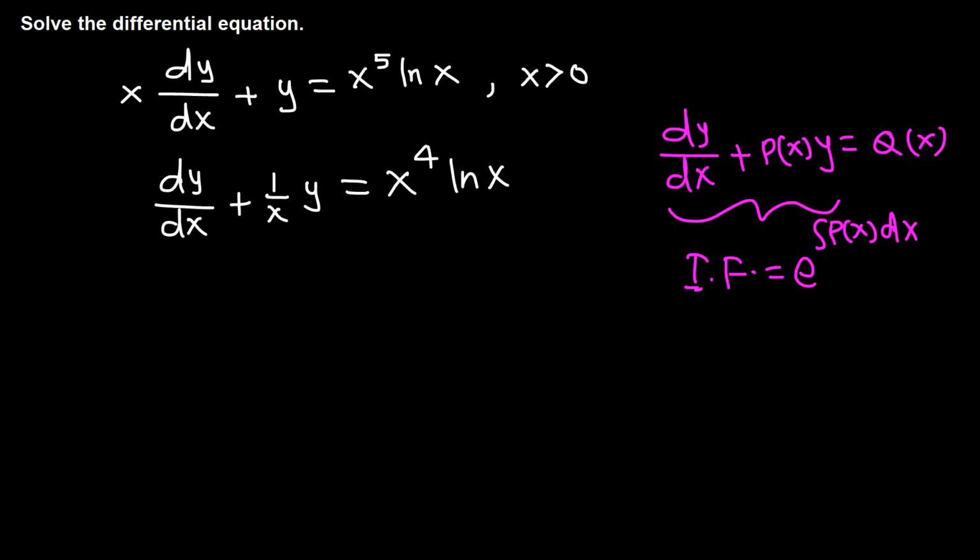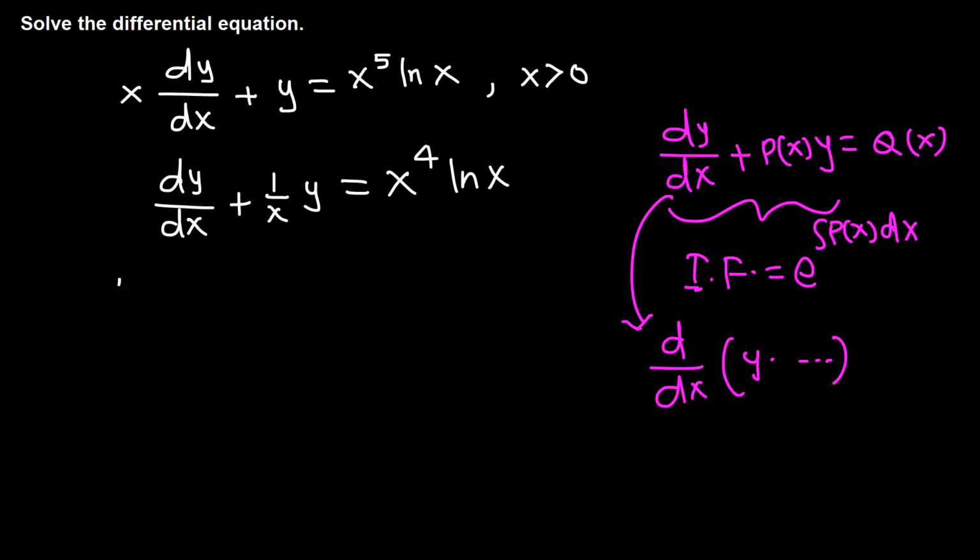Once we find this integrating factor, we multiply through by it, and the left hand side automatically becomes the derivative of the dependent variable, which is y, times the integrating factor. Whatever integrating factor we have, that will always be automatic, so you can check if you like.